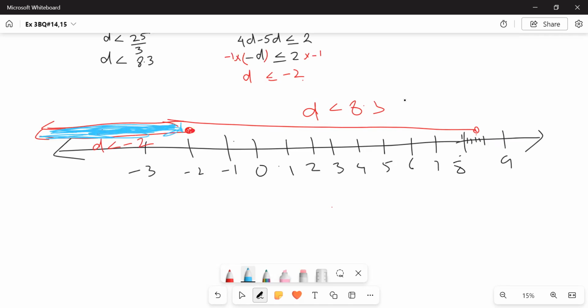You can write its answer like 8.3 greater than D and D lesser than or equal to minus 2. This way we can write it. Okay, question number 15 we will start tomorrow.